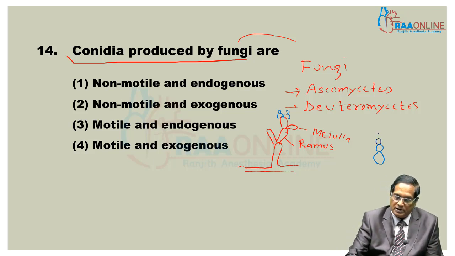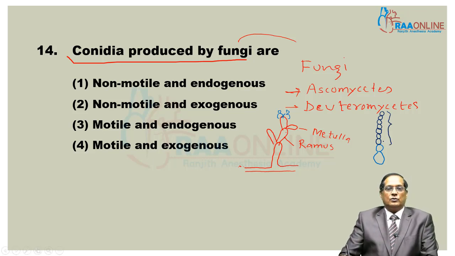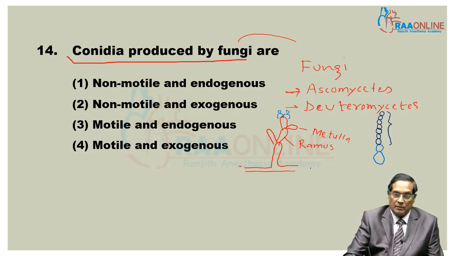This sterigmata produces exogenous spores in chain. So this chain is actually of conidia, single conidium. They are born outside the structure, hence their origin is exogenous.